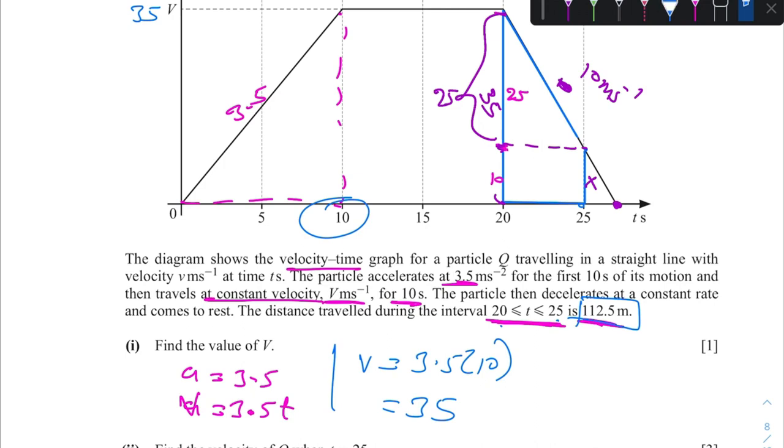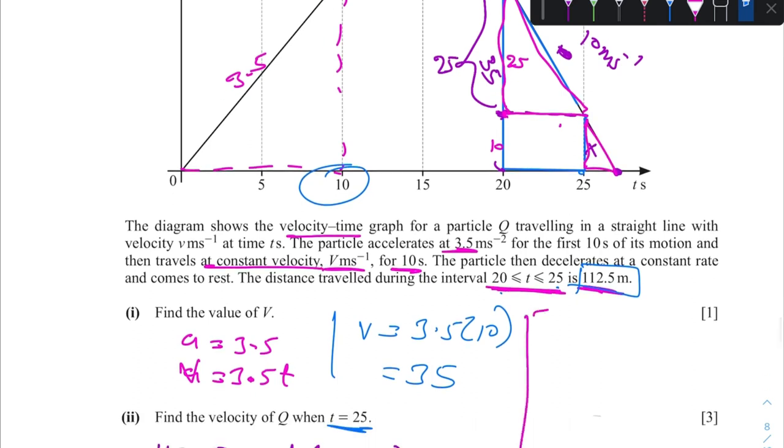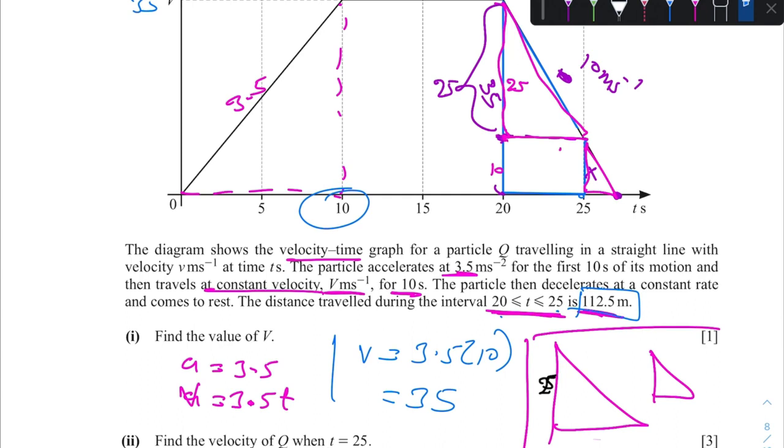Just observe. There are two triangles here, right? This triangle, and then this smaller triangle. So we are going to apply the concept of similarity from extended maths. The bigger triangle is this, and the smaller triangle is that. From the bigger triangle, this is 25, and from the smaller triangle, this is 10.